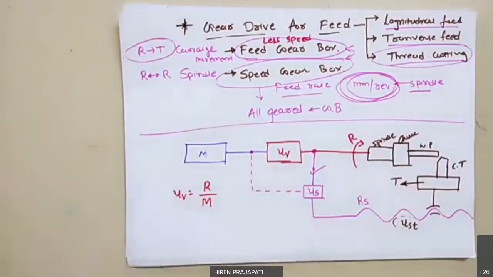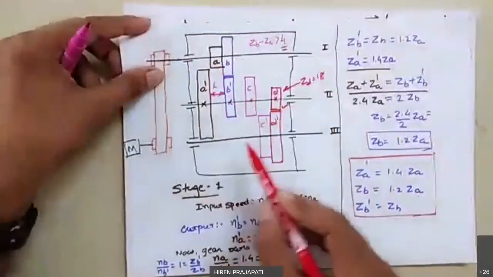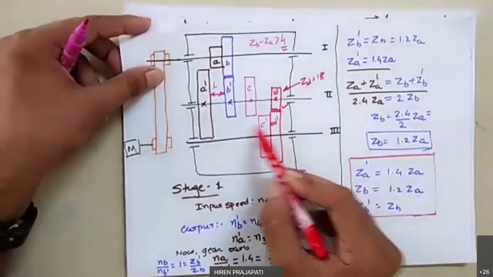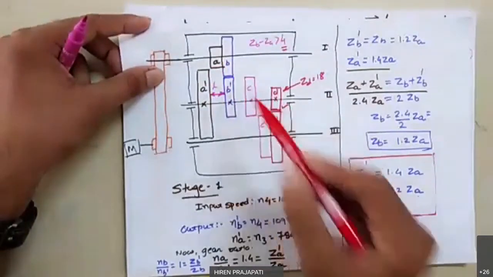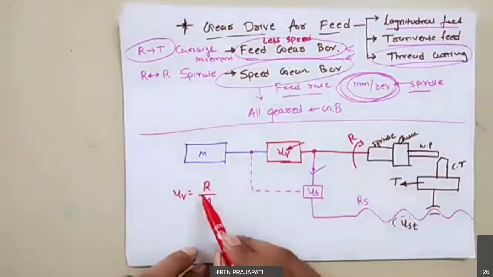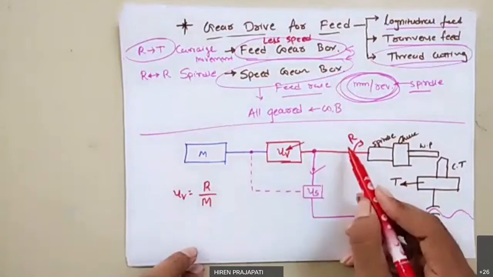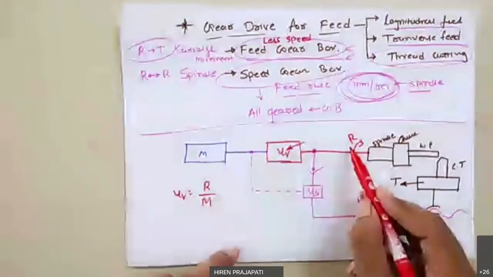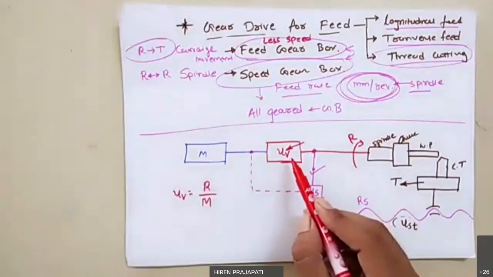Which pair you are selecting, on that your UV value depends. If you are using the A dash, C dash combination, you get a different speed. For A dash, D dash, again you get a different speed, right? So for this gearbox, there are four possibilities for the value of UV, because M is constant but R is variable. You get four different values for this R. That is the significance of UV here.